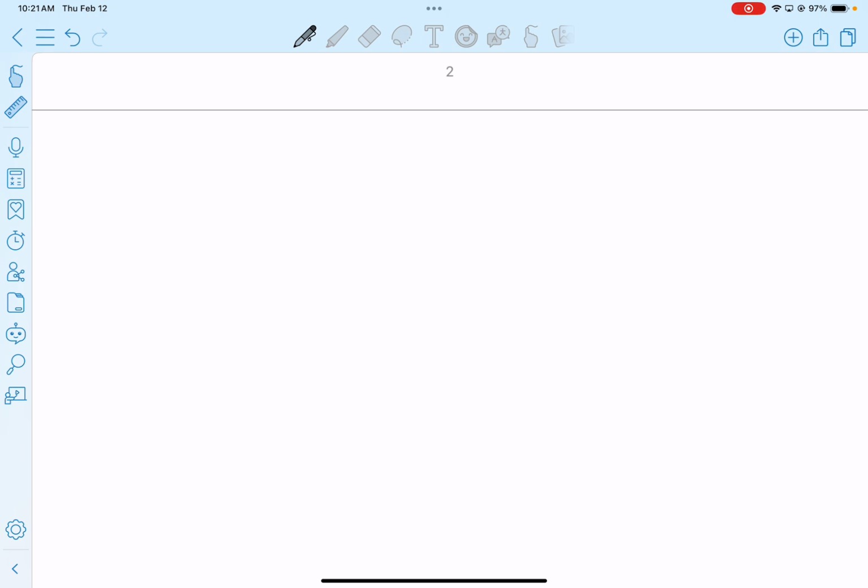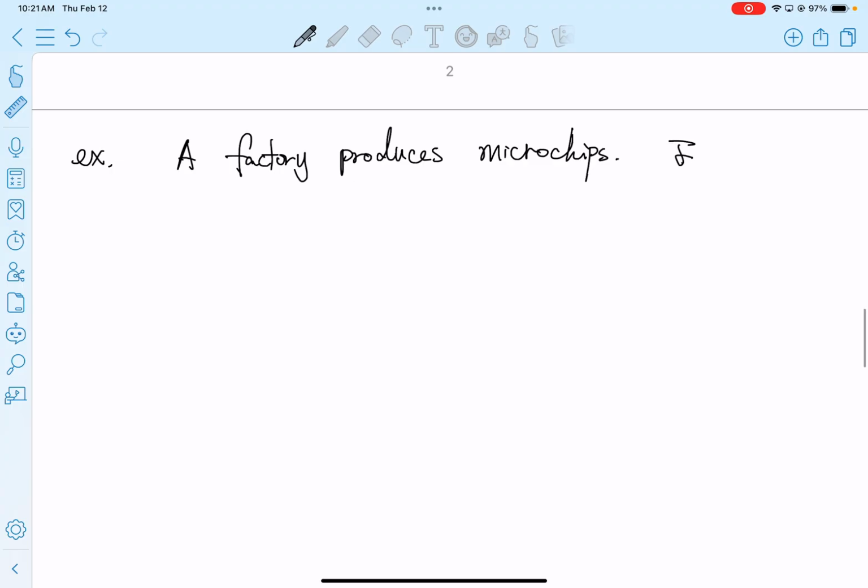Here we have an example: a factory produces microchips, and each chip is defective with probability equal to 0.08.